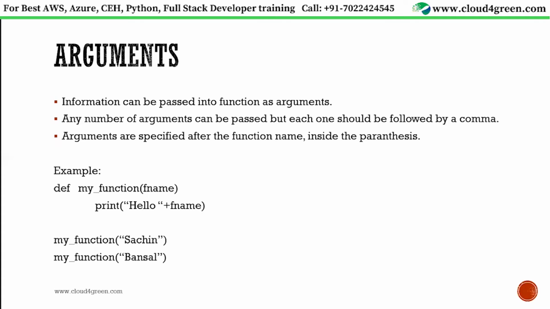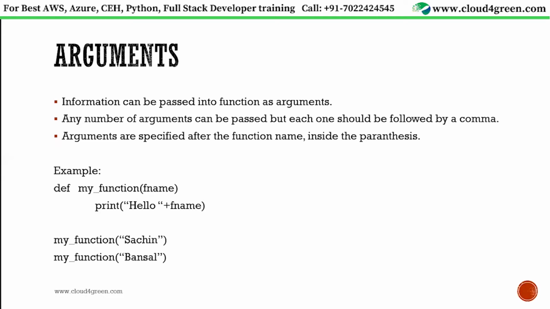Now, how can I pass information into a function? The information can be passed into a function through what are called arguments. Whenever you're writing a function, you can use any number of arguments. There is no problem. So here, how many arguments are there?